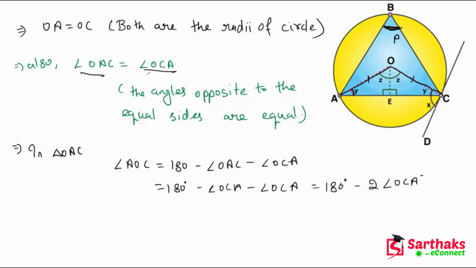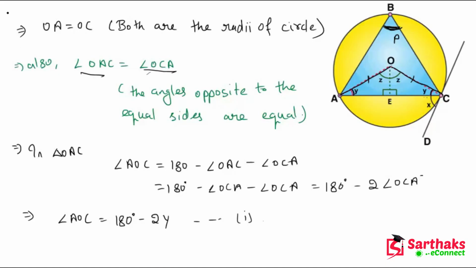Now let's suppose angle OCA is Y, and if this is Y, then angle OAC is also equal to Y. So angle AOC is equal to 180 degrees minus 2Y. Let's suppose this is equation number 1.